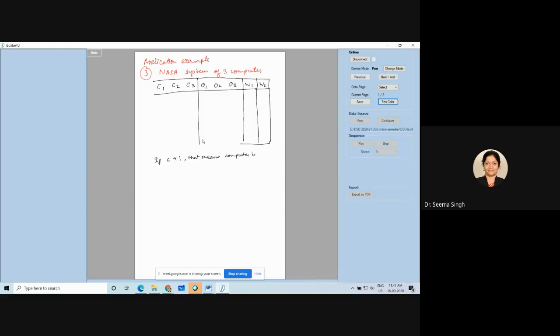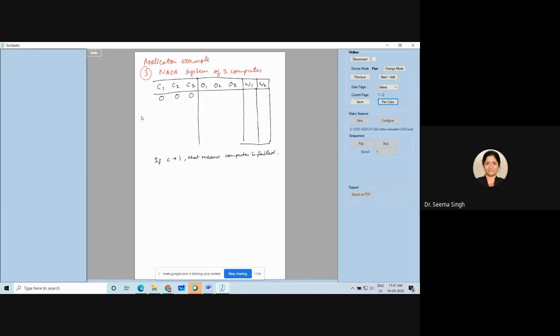So you have to give such instructions when you are designing a control logic. So that means 1 means fail. So if I say 0, 0, 0, what does that mean? All the computers are available. If C1, C2, C3 is 0, 0, 0, that means all the computers are available.